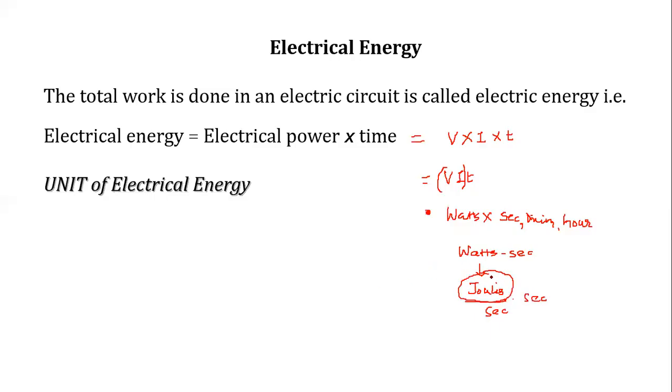But your energy meter, if you are staying in an apartment, in the basement you have the arrangement where you get the electricity supply, and through the energy meter you get the supply to your particular home, right?